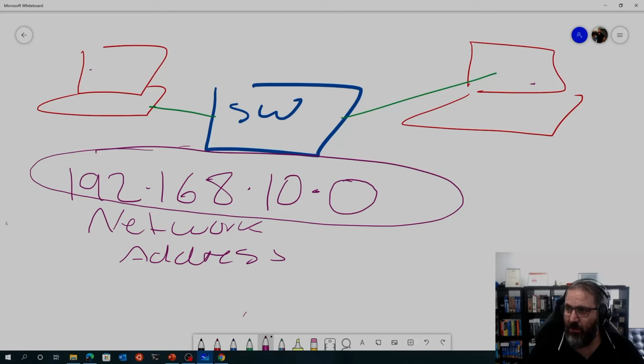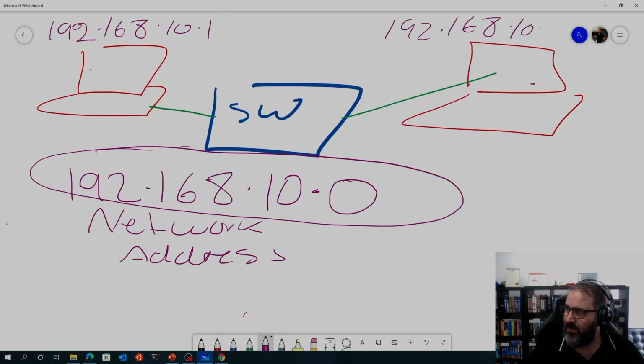Remember, these have their own unique host address. .1, and 192.168.10.2. Okay, that's that address here. That's the network address. This is really important.